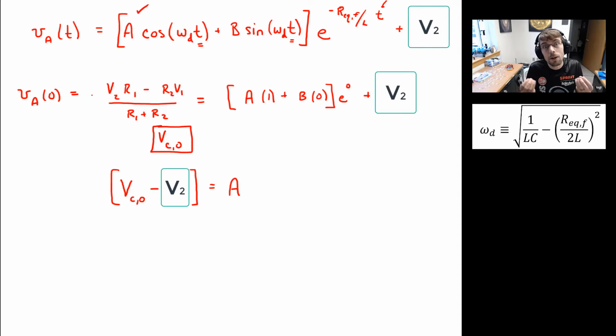Now we have to figure out how to use our second initial condition. And that becomes a bit difficult because the initial condition wasn't being applied for the capacitor. It was related to the inductor. Okay? So this is where it gets a bit finagly. The issue is that we want to apply an initial condition that was derived for another circuit element to the capacitor.